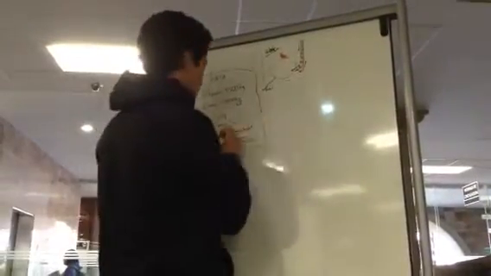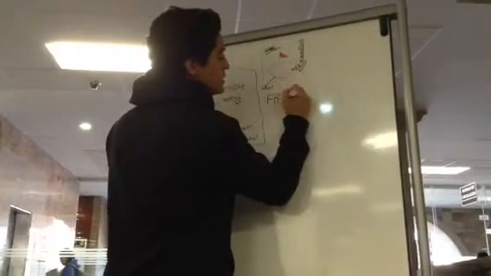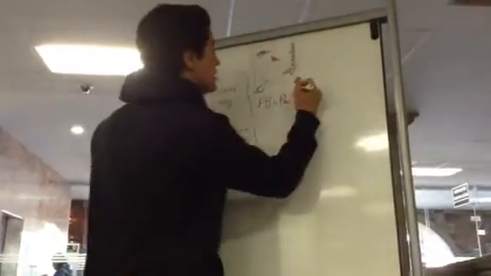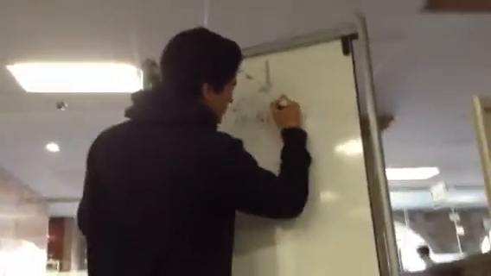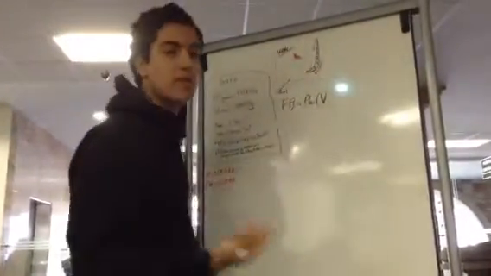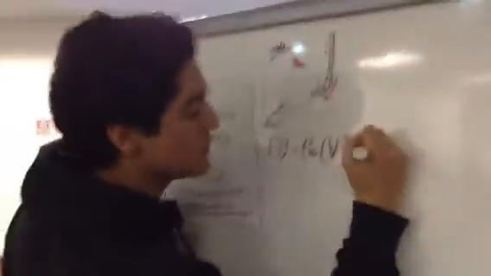So the first one is that the buoyant force is equal to the density of the fluid, in this case it's water, times the volume of one sphere or one ping pong ball times the gravity.